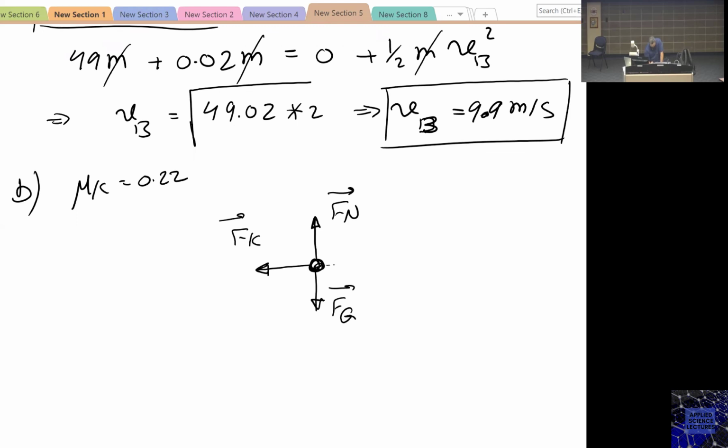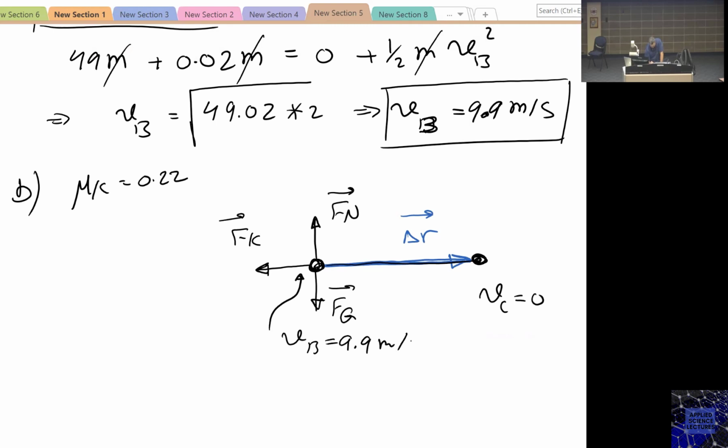and then he is going to go through a displacement before stopping. So let me call this point C, with VC 0, while VB here is 9.9 meters per second.